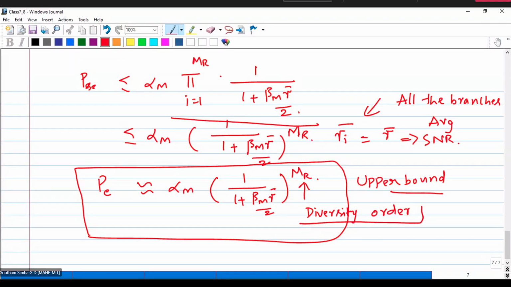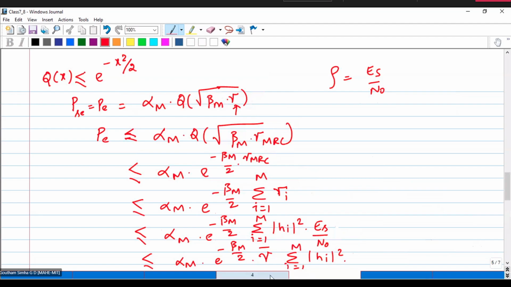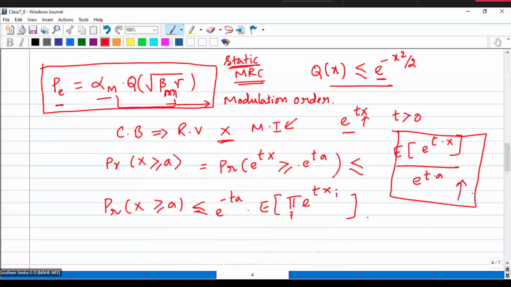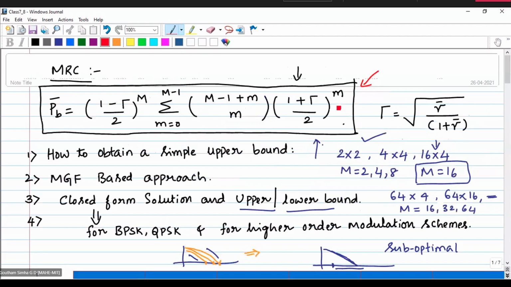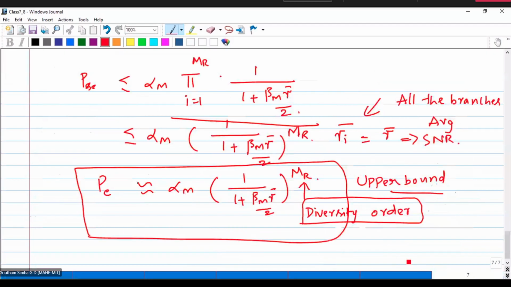In order to understand this diversity order, you need this Chernoff bound approach or whatever approach you have. If you want to directly look at the diversity analysis from this equation, it is very hard to analyze the diversity order unless you know how many branches you have, what the modulation order is, and so on. With this approach, you can even calculate whether the system possesses diversity or not. If this becomes 1, there is no diversity. If this becomes 2, there is a diversity order of 2, and so on.